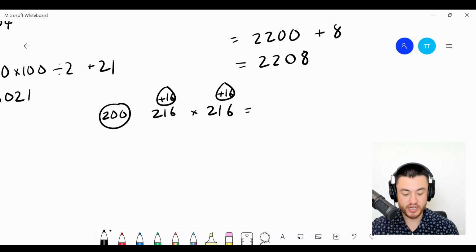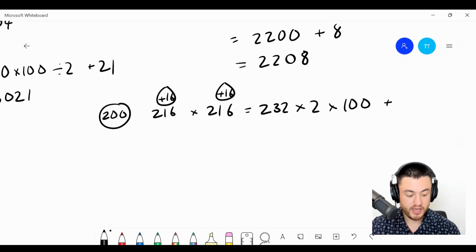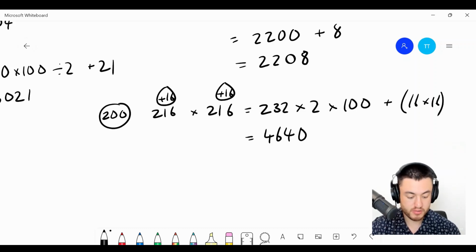All right, so let's add it diagonally. So we would have 216 plus 16, so 232, multiplied. Again, we're going to double it, and then we're going to multiply by 100, and then add in 16 times 16. So we have 464, add 2 zeros.